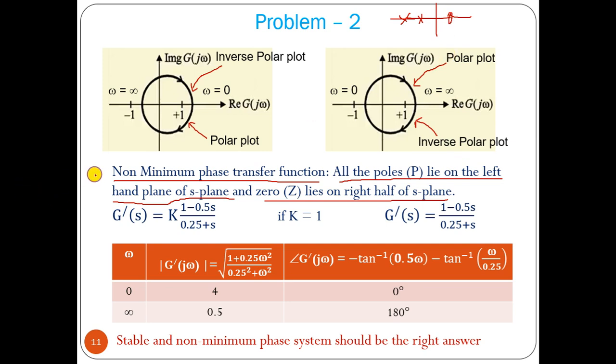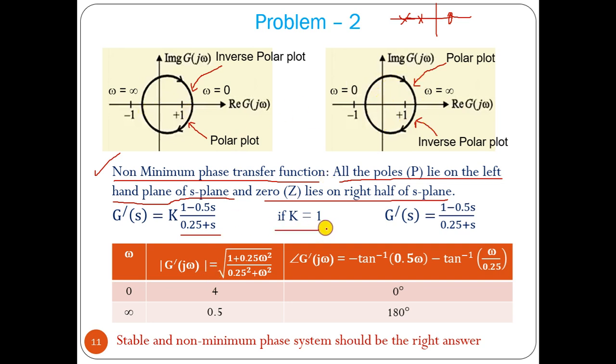That is called non-minimum phase transfer function. So let us take the example: pole on left half and 0 on right half. 1 pole and 1 0. Now if we have 1 pole and 1 0, P equal to Z, then only we will get a circle, otherwise not. So that is the logic you have to remember.